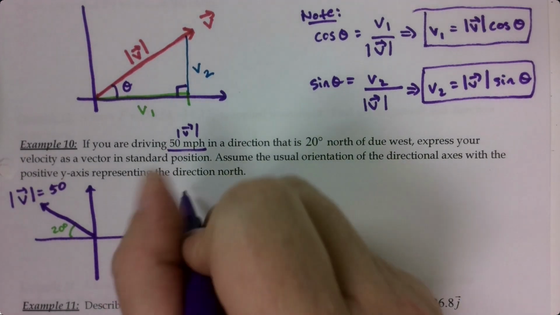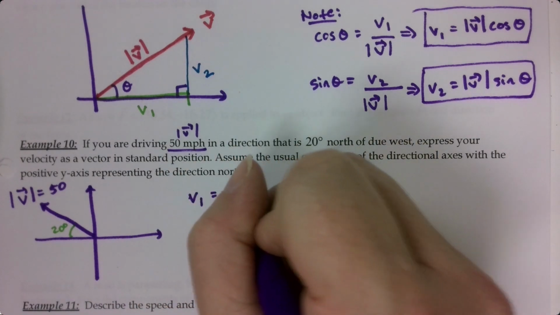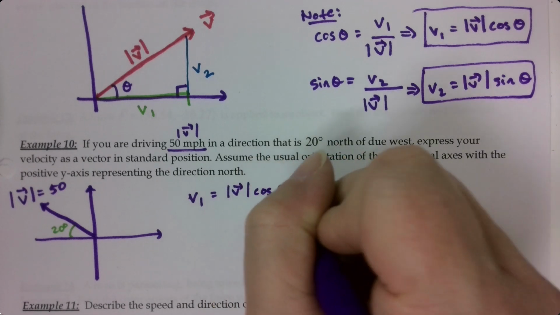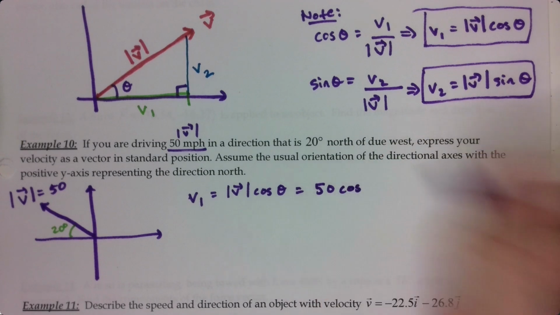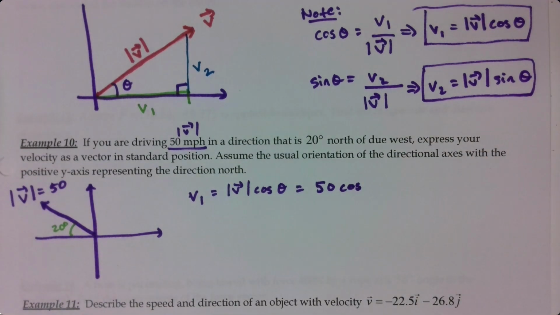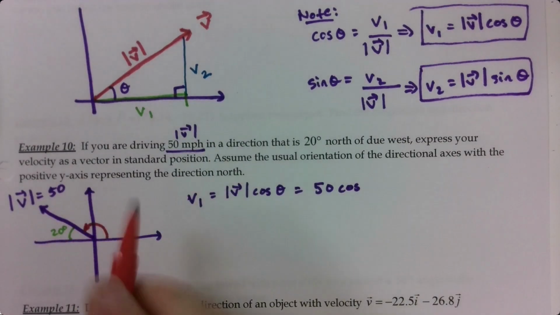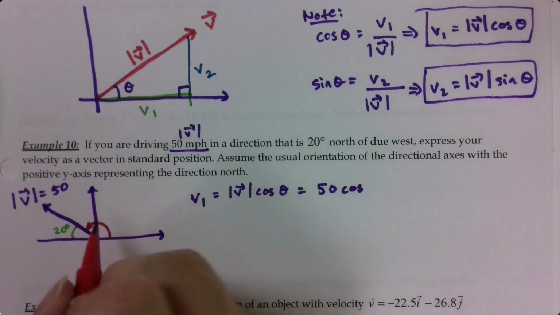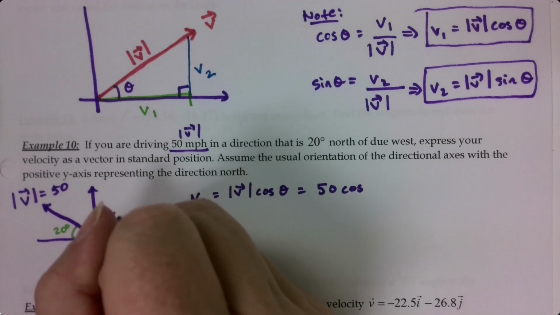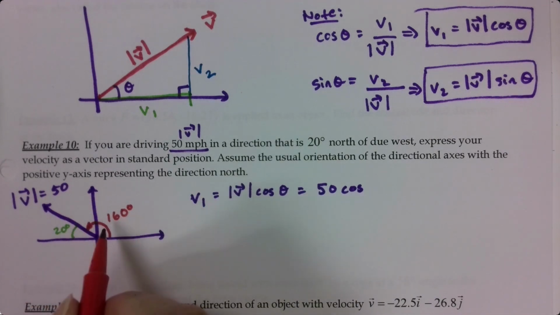So v1 would be the magnitude of v times the cosine of our angle. And the magnitude of v is easy, that's 50. But the angle is not 20, because your angle has to be from the positive x-axis, counterclockwise, like how we always do angles. So that would be 160 degrees, because these are supplementary angles that make a straight line.